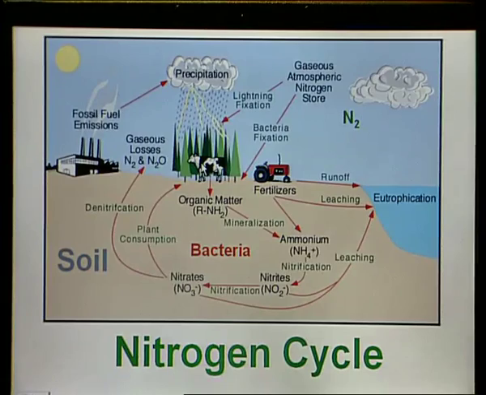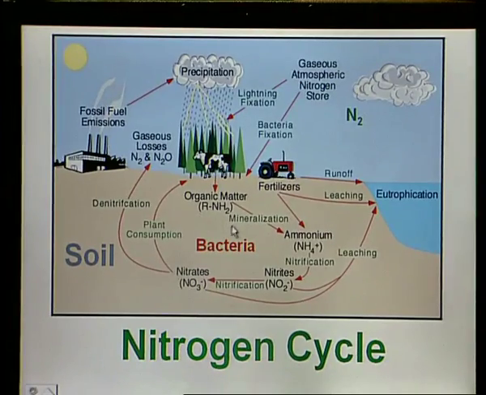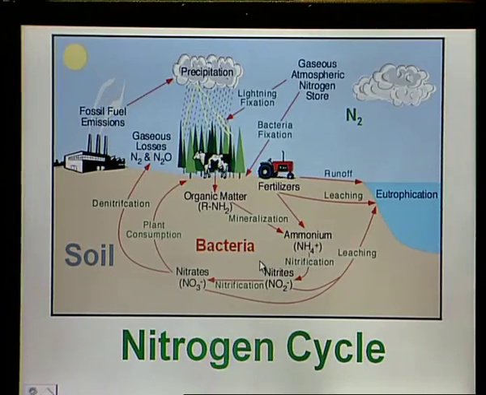Animals obtain nitrogen by eating plant materials and other animals and release nitrogen in their excreta and when their bodies decay. In the soil, nitrogen is stored as organic matter which decomposes and is transformed into various ionic forms by a variety of bacteria, actinomycetes and fungi.